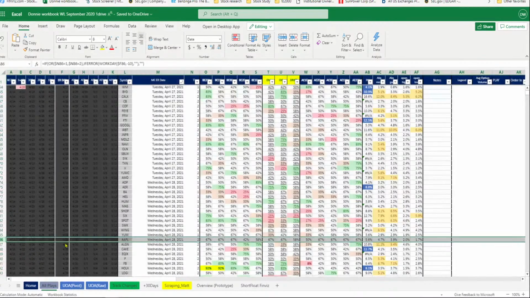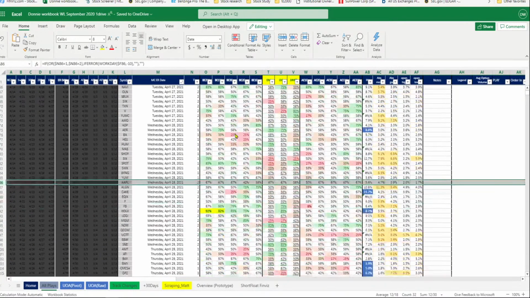So you can see Apple's stats here. Are these numbers big enough for you guys to read on this screen for Market Chameleon, or does it need to be bigger?